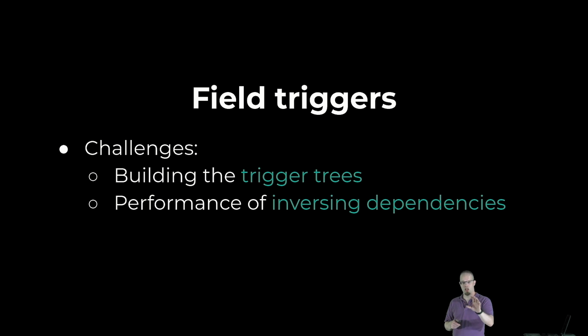There are two challenges with the field triggers: building those data structures efficiently, and they are really at the core of triggering recomputations. And part of triggering these recomputations is, of course, when you're inversing dependencies, you have to figure out, okay, if I've modified those records, which other records depend directly on them and must be recomputed for some field.